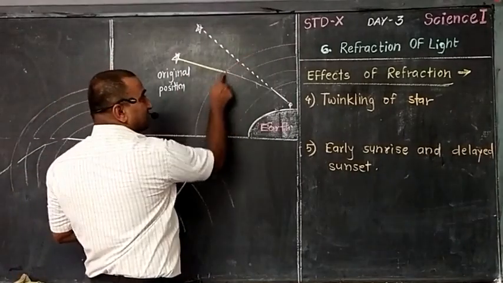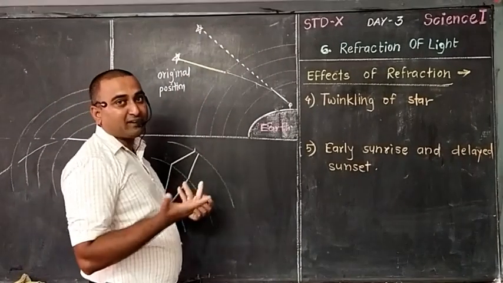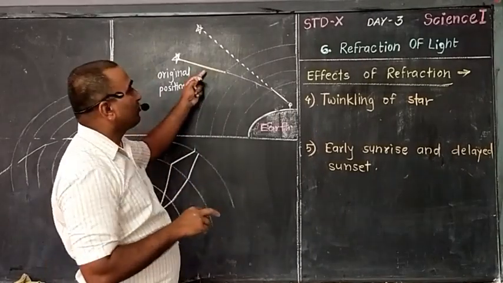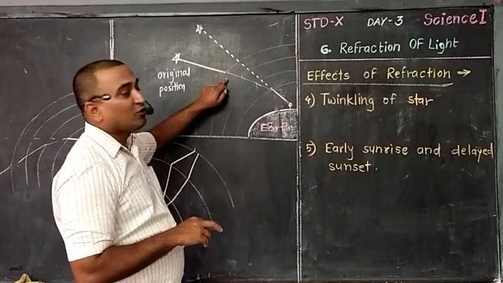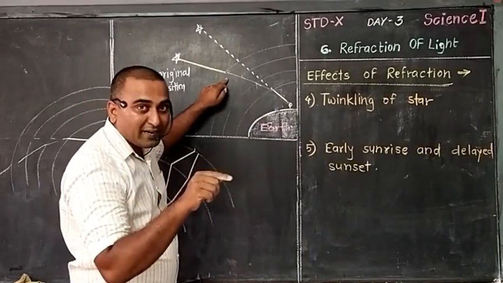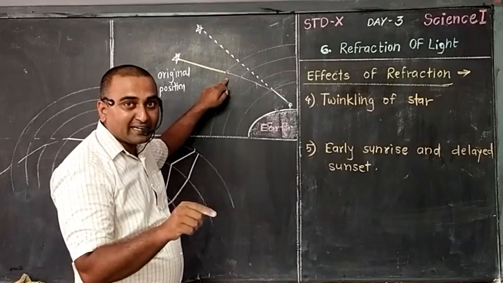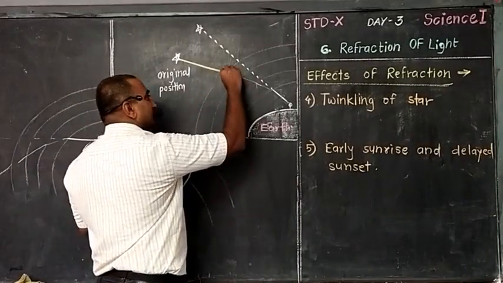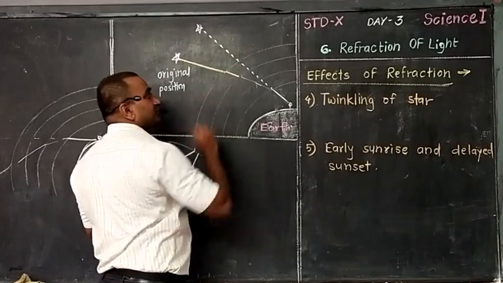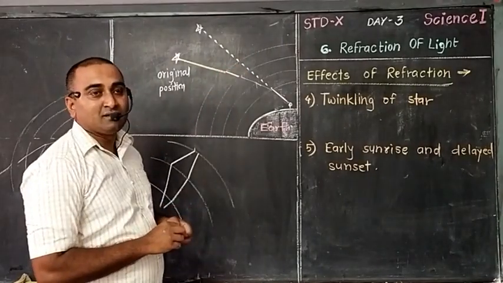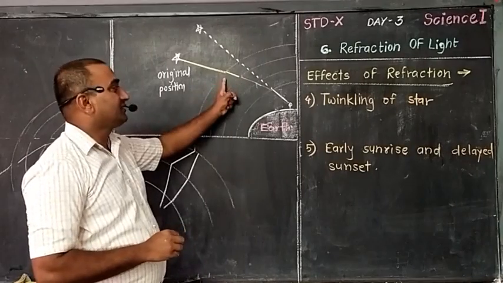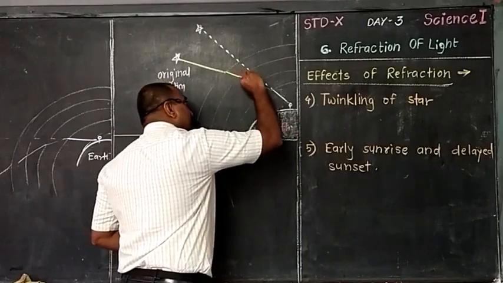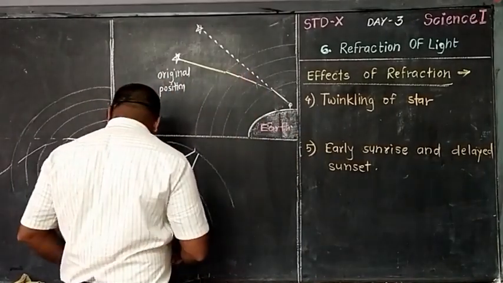But when the atmosphere starts, there is definitely a change in medium, from vacuum to air, which is denser. So the refracted ray moves towards the normal, and without going straight, it moves a little down. Again there is a slightly denser layer, so the ray again moves a little downward, towards the normal.